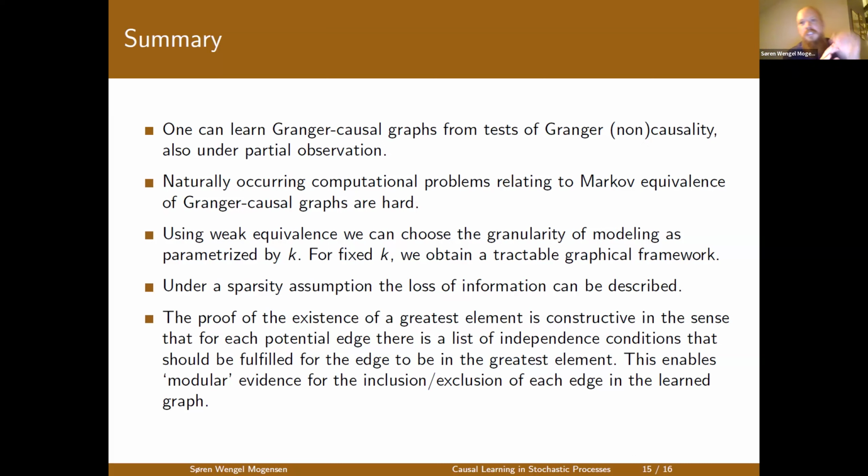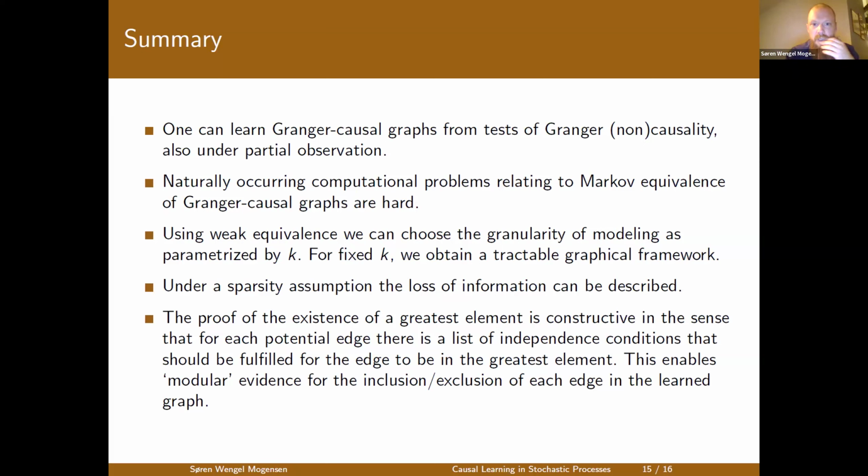But at least using this weak equivalence, you get a hierarchy of granularity. So when you increase k, it becomes more expensive computationally, but you may get more information.